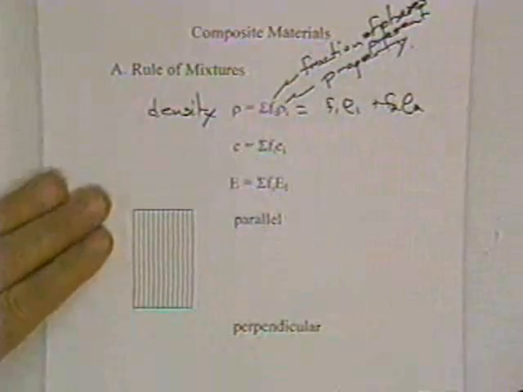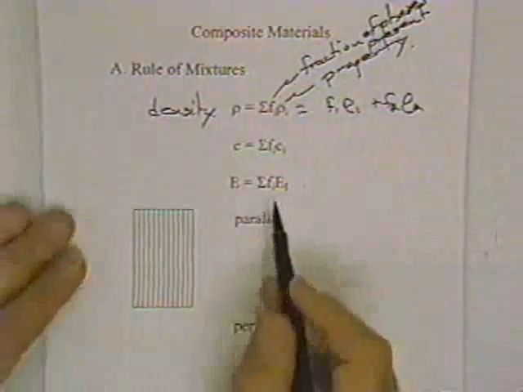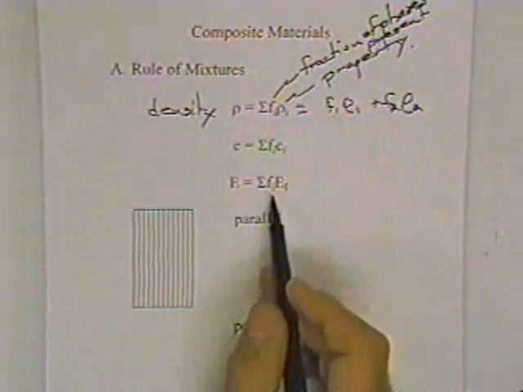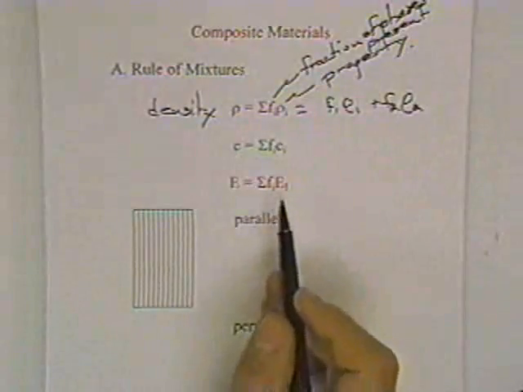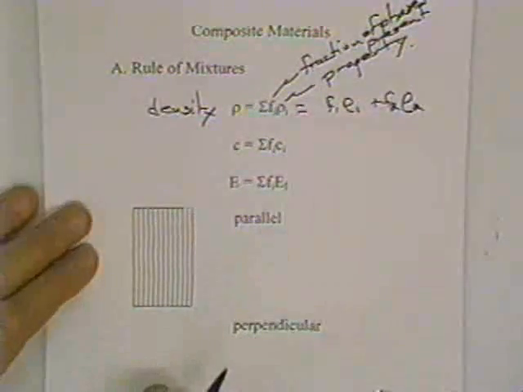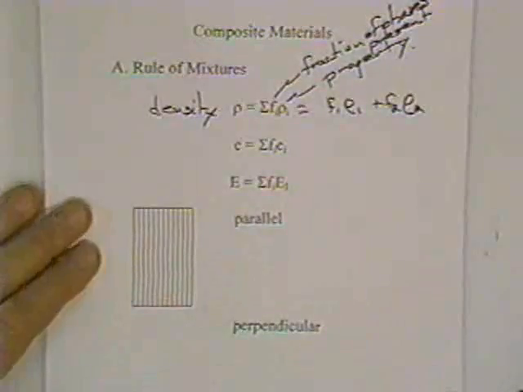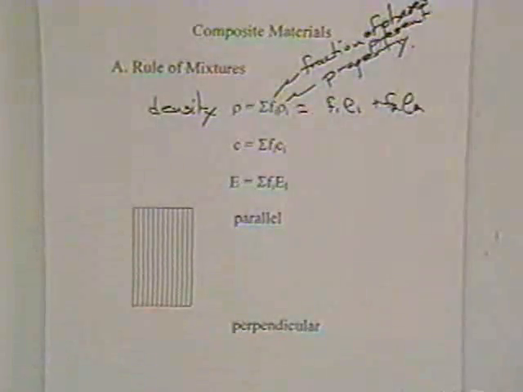You can do the same thing with the modulus of elasticity for the material also. I was going to conclude just with this example for the modulus of elasticity for a composite material and have you think a little bit about how it would be in either parallel or perpendicular format.